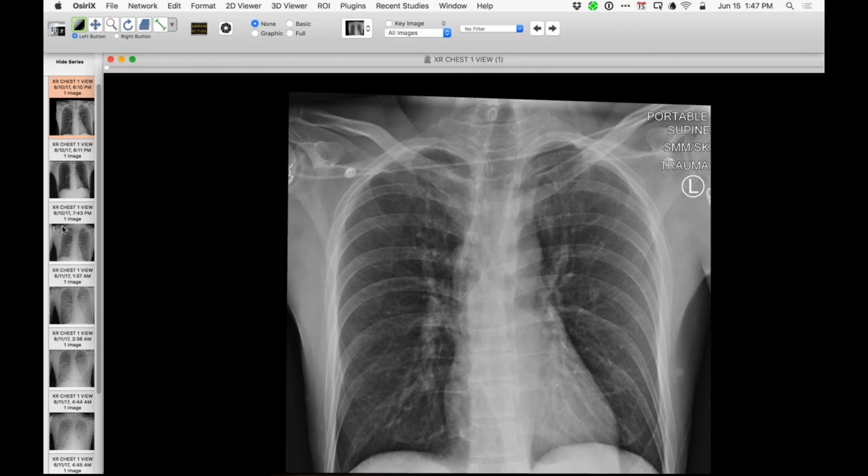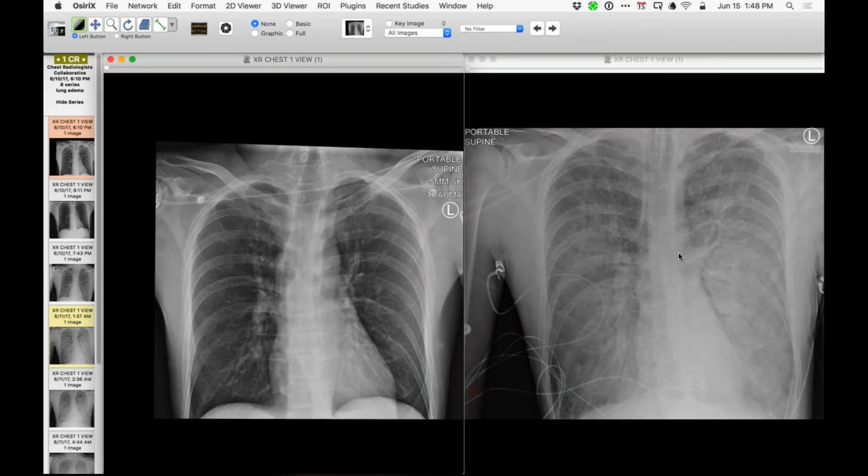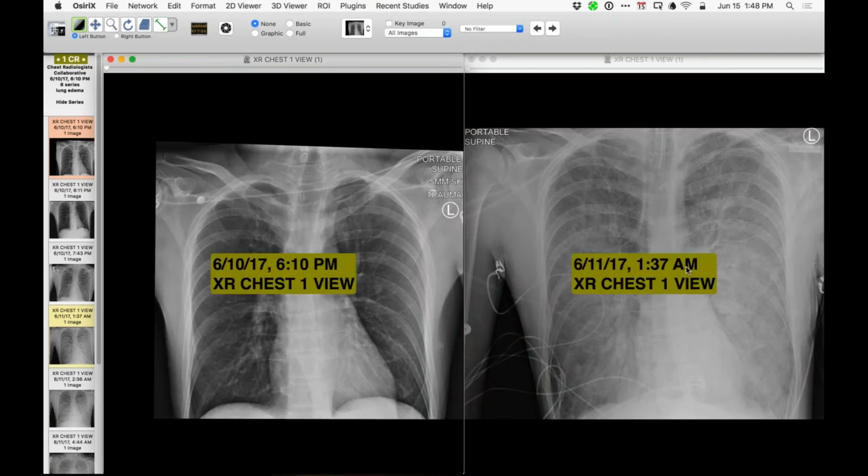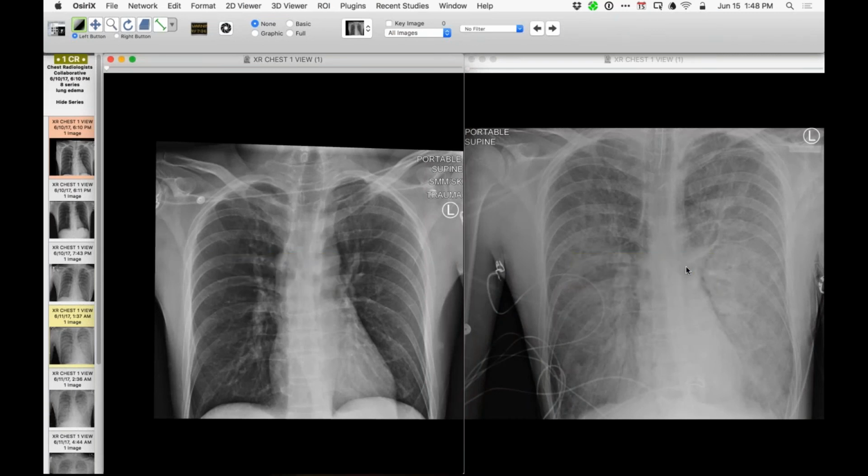So this person came in and was transferred with an epidural hematoma. And this is, at this time, the evening of the 10th. And I will show you in terms of the timing of things, this is just after midnight.